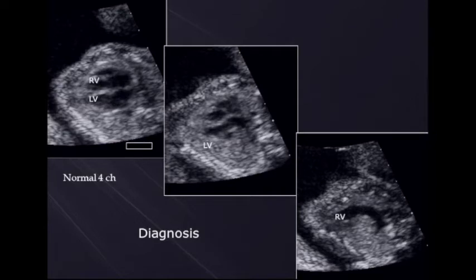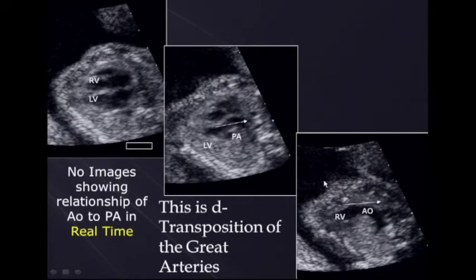And here's such an example where it could be missed. This was called left ventricular outflow tract. This was called the right ventricular outflow tract. Guess what? This was d-transposition. No real-time images at all. And the worst thing in this case, there was no VSD. So this is all a ductal-dependent defect.